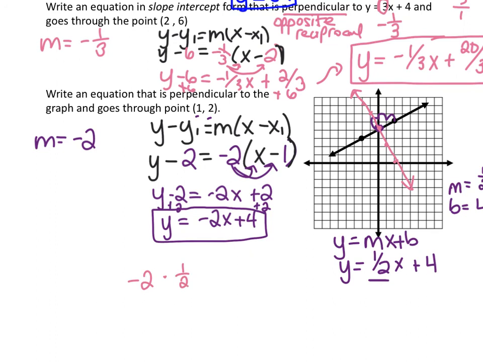So I took my new slope and my old slope. I'm going to multiply them together. You get -2 over 2, -1. Remember, product of your slopes, if it's -1, you are in fact perpendicular.